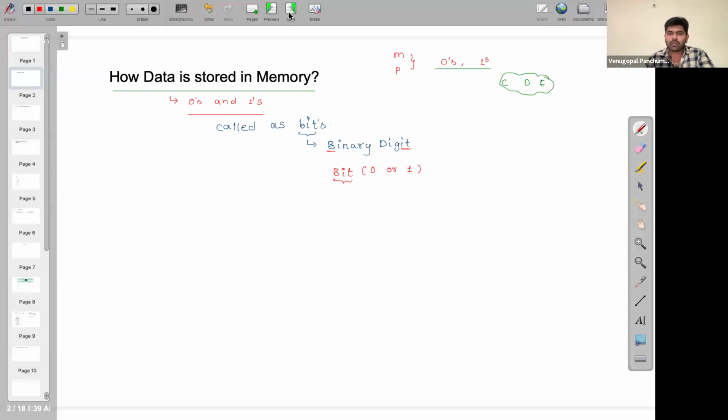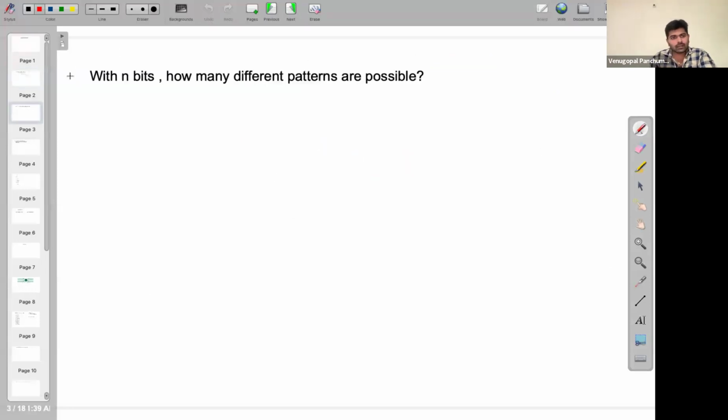Now let's understand one question: with n bits, how many different patterns are possible? What is meant by pattern is, for example, if I take 1 bit, n equal to 1, then we have two different patterns: 0 is one pattern and 1 is another pattern.